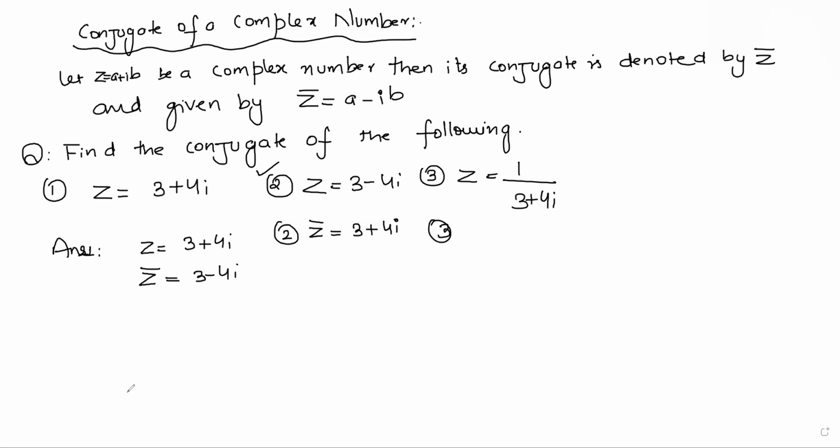Okay, no issue. I was saying that this question number three, z is equal to 1 by 3 plus 4 iota, is this in the standard form or not? No, sir, this is not a standard form. Okay, so yesterday we converted these types of questions into the standard form. So how can we convert this? Rationalize. Very good. So first of all, convert this question into the standard form, then find the conjugate. Okay, sir. Thank you, sir. Okay, welcome.